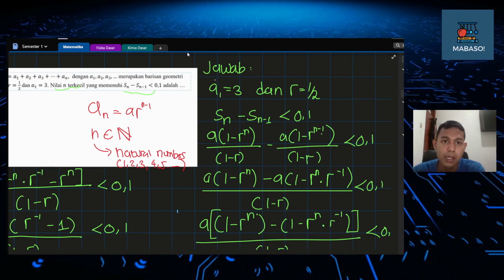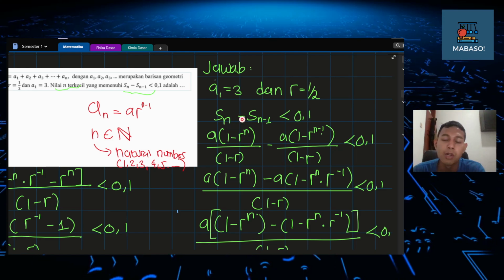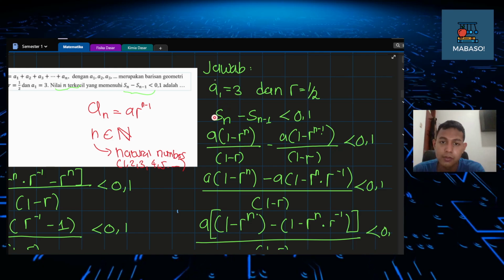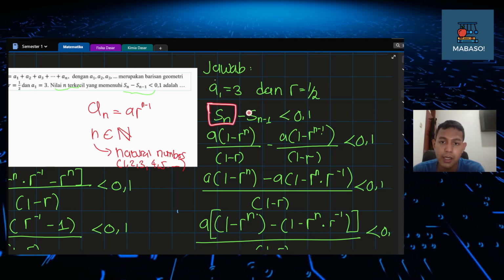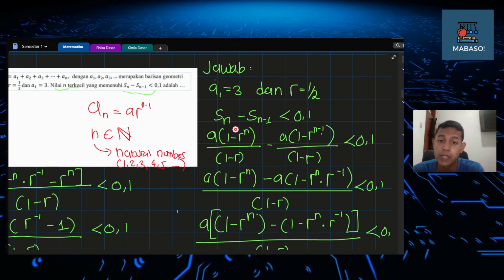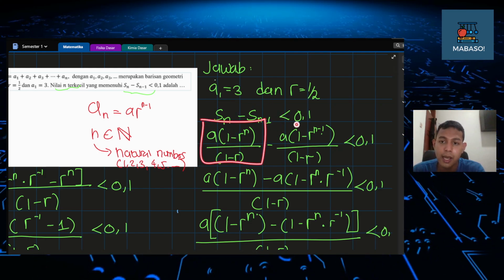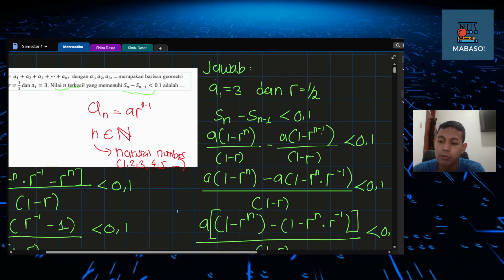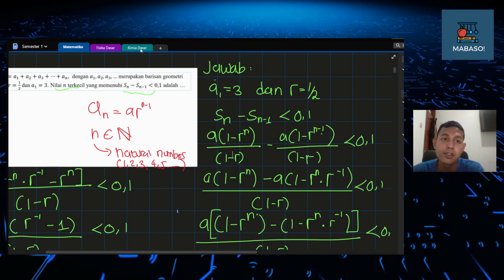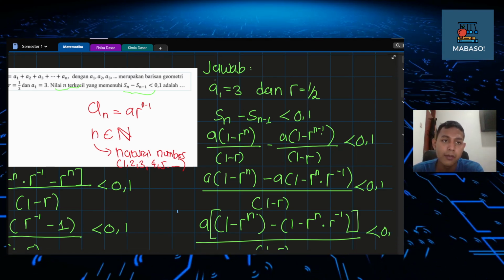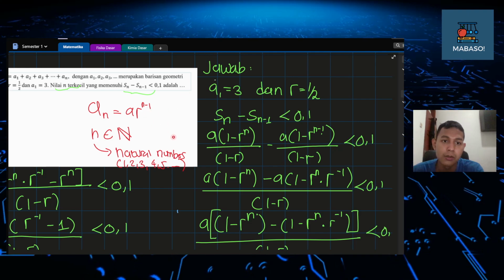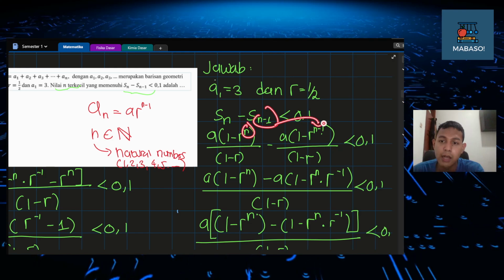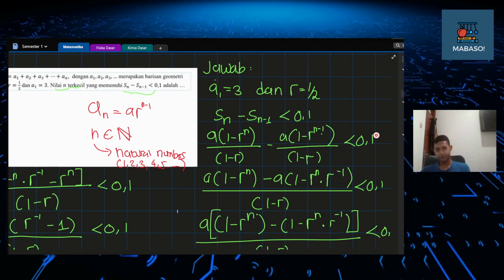So if we insert the formula of S_n into the inequality, it would look like this. And for the formula of S of n minus 1, we simply replace the n in the initial formula with n minus 1.